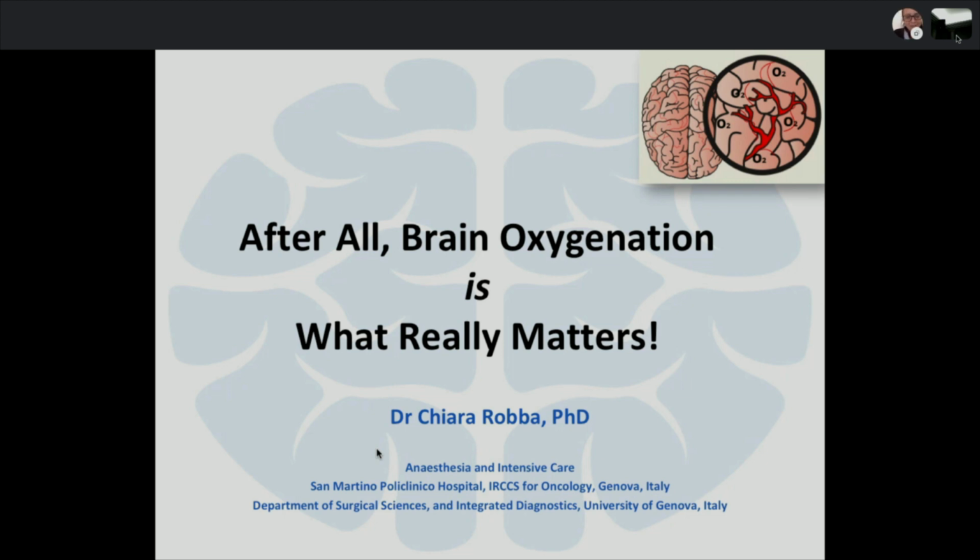I've never been there. So the title of my presentation is very straightforward, but I think that the first slide actually says everything, because at the end, after all, what we really need to look after is that our brain and the brain of our patients is actually well oxygenated. So brain oxygenation is what really matters.